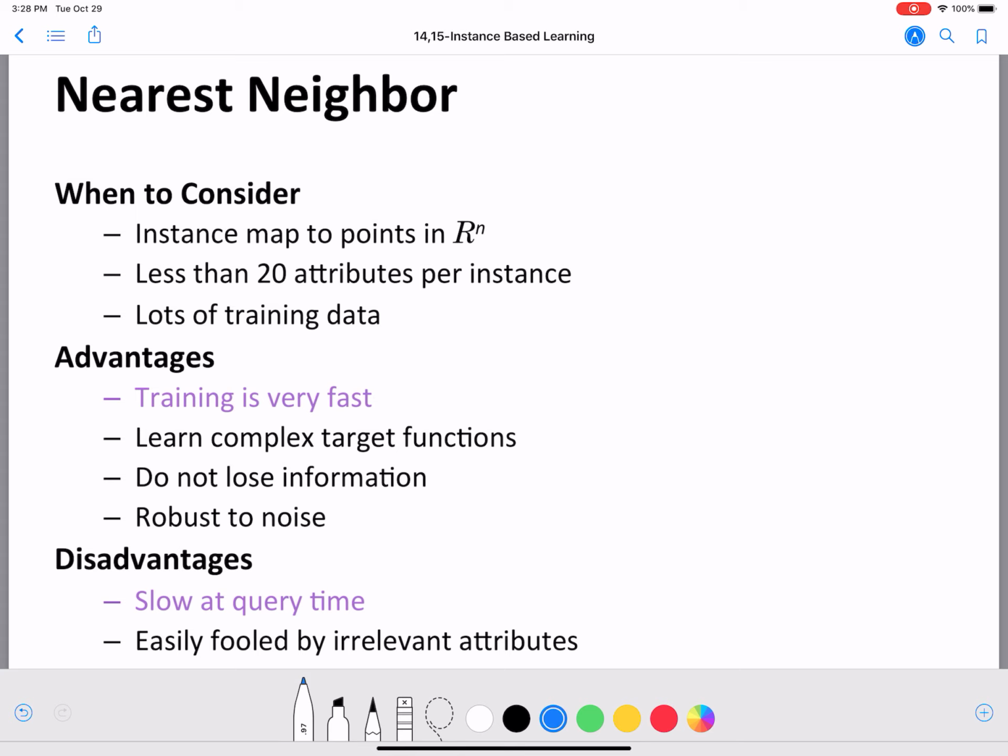Now, this is a ballpark number for you to understand when to consider KNNs. If there are too many attributes, then the space where you plot your data points becomes too huge, right? So 20 attributes per instance means that the data is 20 dimensional, right?